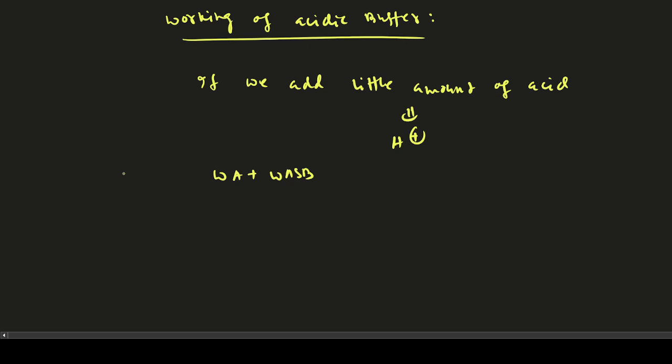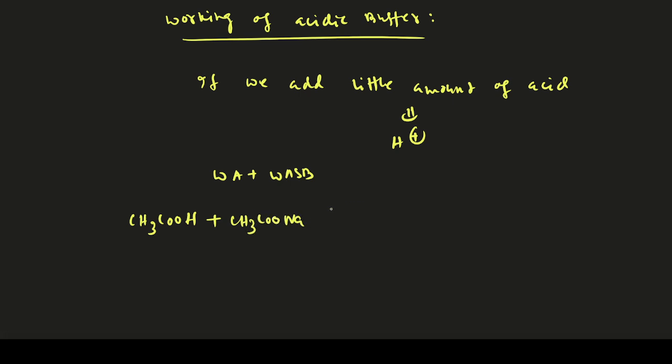Weak acid means, let's say CH3COOH, or any organic acid, HCOOH, any organic acid you can take. So I'm taking this weak acid, and its salt with a strong base, that is CH3COONa. Okay, so whenever they are mixed, this will form the buffer solution.